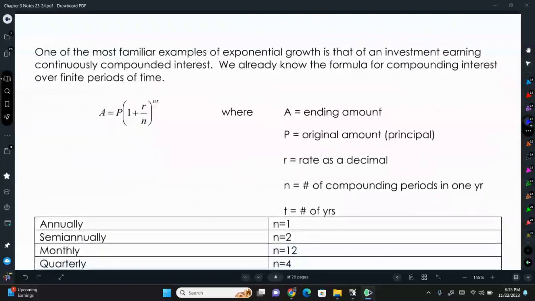Now we're going to talk about using exponential functions in calculating the growth of money.